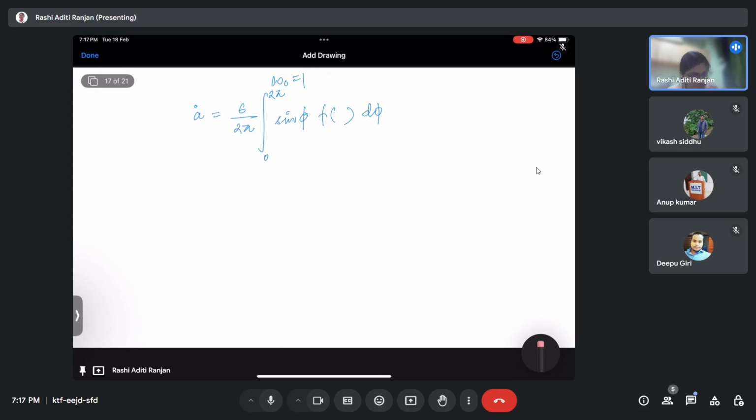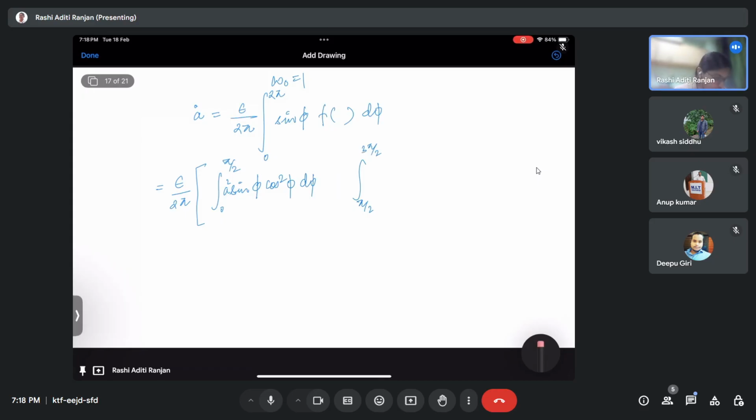So it is going to be integration 0 to pi by 2 of sine of phi, and then I have x as a cos phi, so square of it, A square cos square phi d phi, plus pi by 2 to 3 pi by 2.